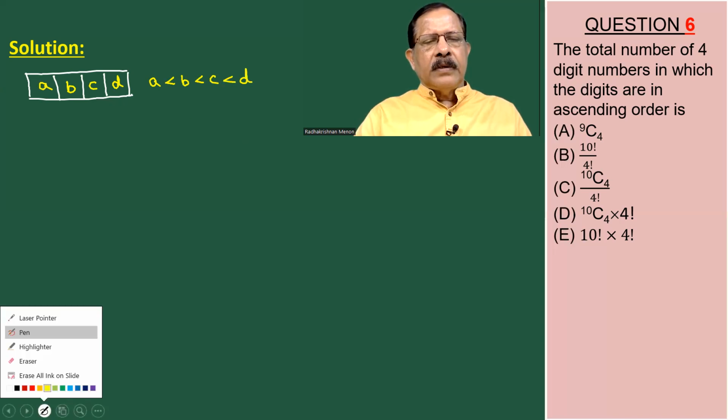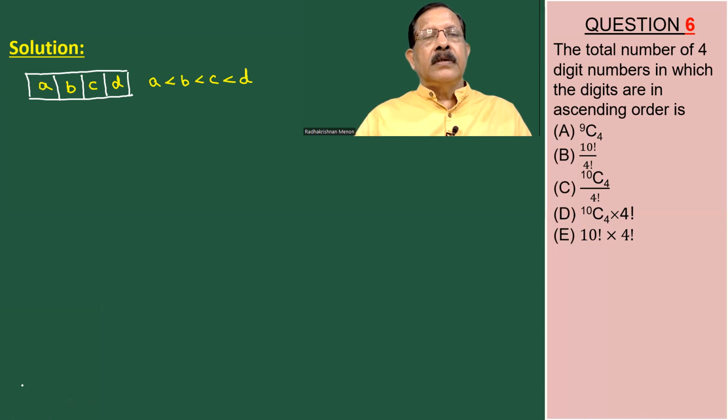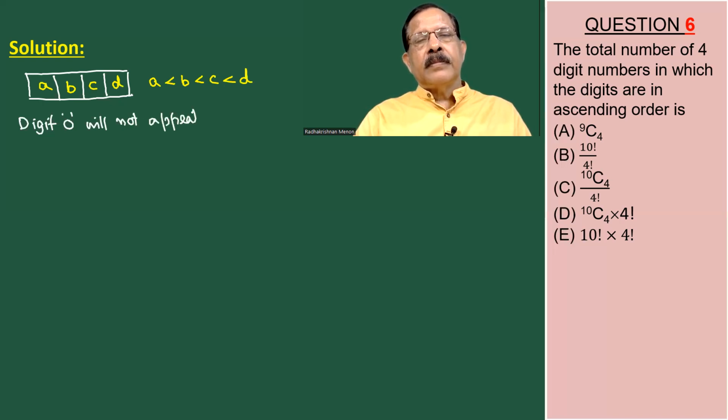Now, digit 0 will not appear in any of the numbers, correct?